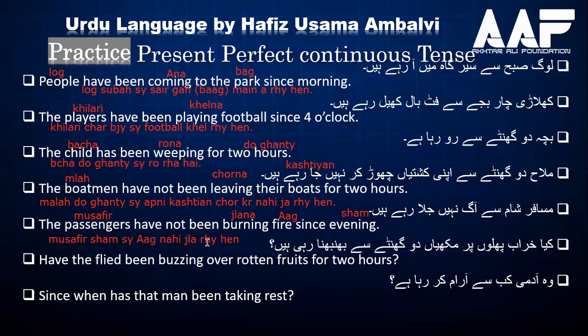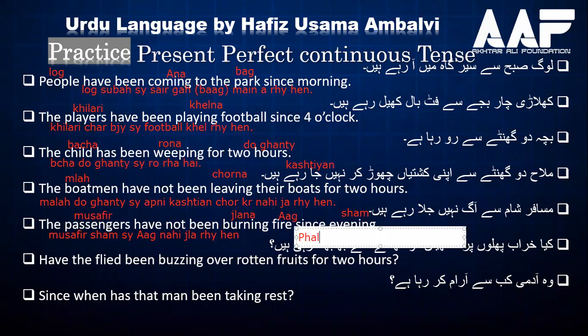Okay, here comes the second last sentence, which is, have the flies been buzzing over rotten fruits for 2 hours? 2 hours mean 2 ghante. Fruits mean phal, and vegetable means sabziyan.